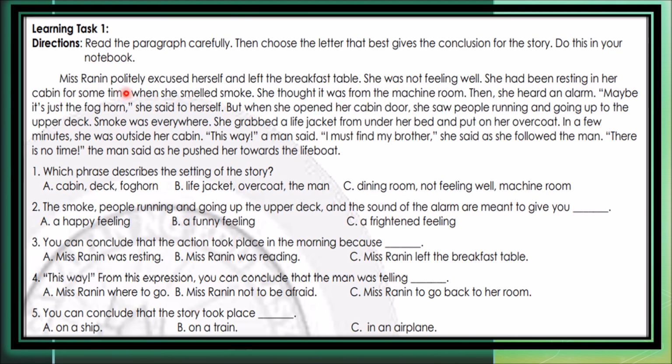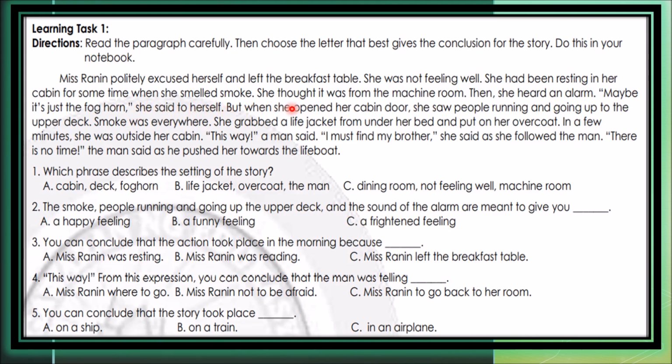Miss Runnin politely excused herself and left the breakfast table. She was not feeling well. She had been resting in her cabin for some time when she smelled smoke. She thought it was from the machine room. Then she heard an alarm. "Maybe it's just the foghorn," she said to herself.